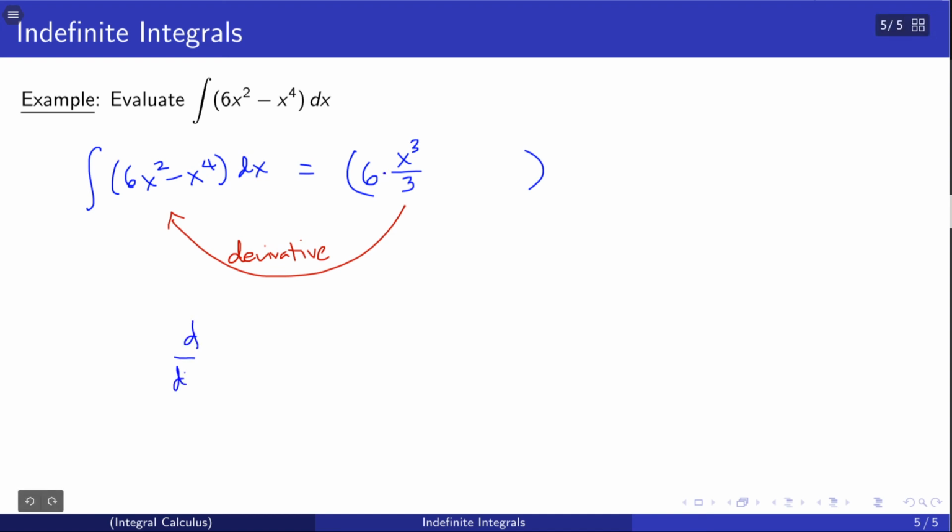Because of the same rule for differentiation, that when you have a constant multiplied by a function and you take the derivative, that's the same thing as taking the derivative first and then multiplying by that constant. It's the same for integration. Right, so we take the antiderivative of x squared, you get x cubed over 3, and you multiply by the constant 6. X to the fourth power is x to the fifth power divided by 5.